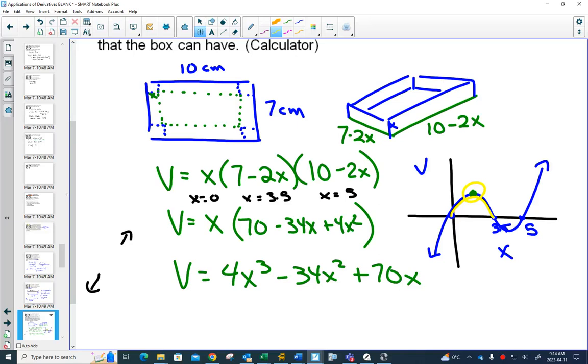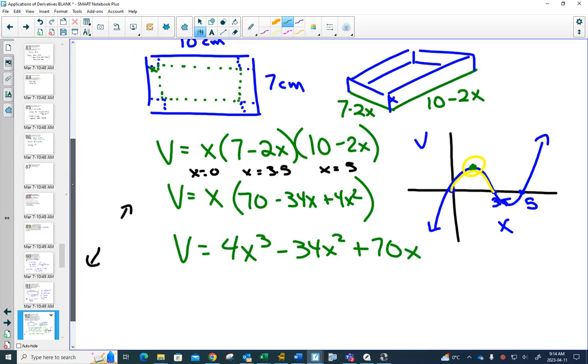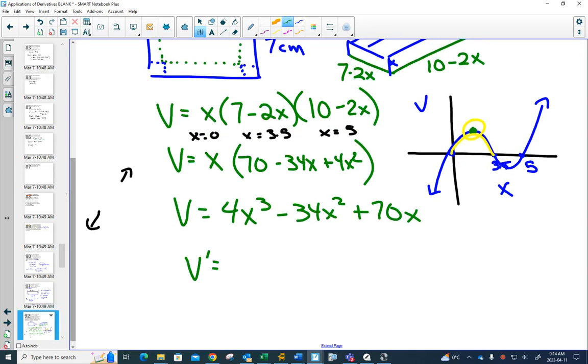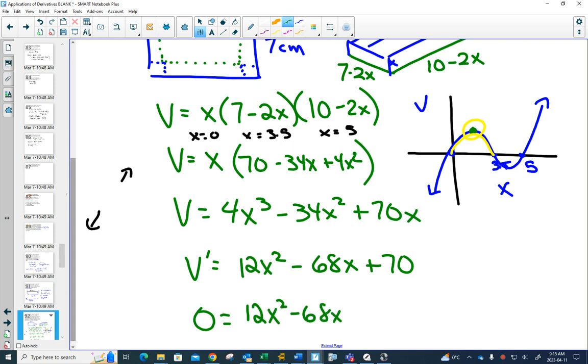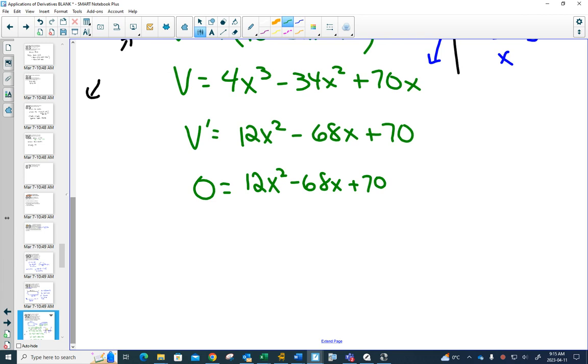Now that we have calculus, I can easily take the derivative of this, especially since I multiplied it out. And this is most likely where the calculator part would come in university. Because if you had this equation, you set it equal to 0, you might notice you could factor out a 2.